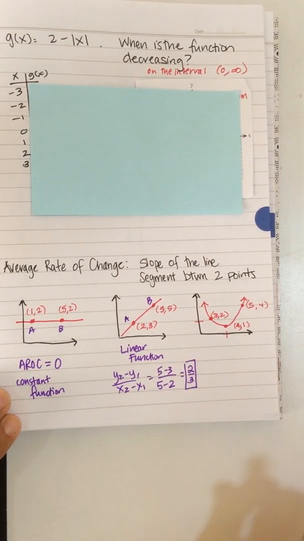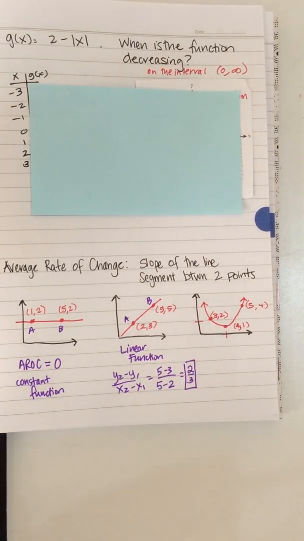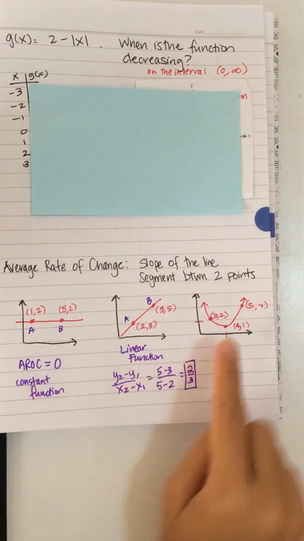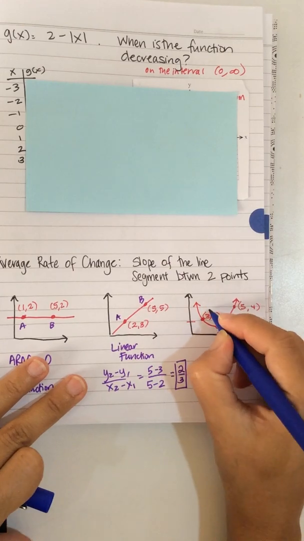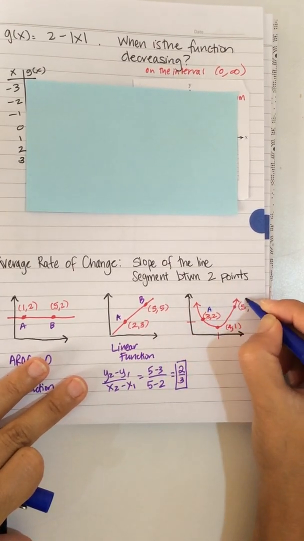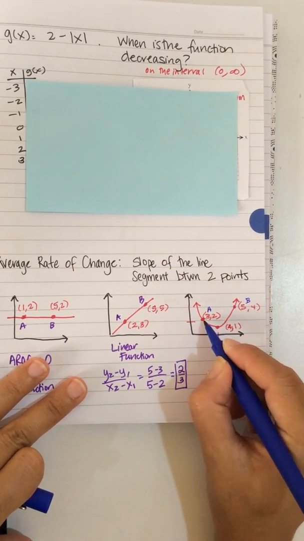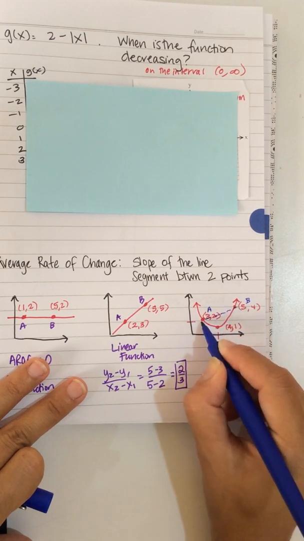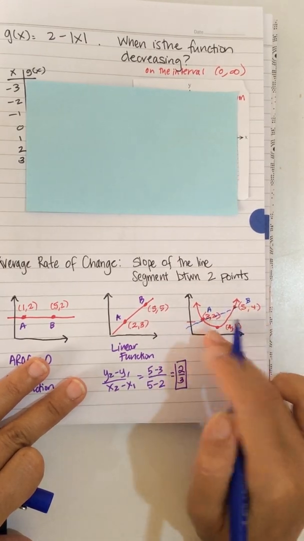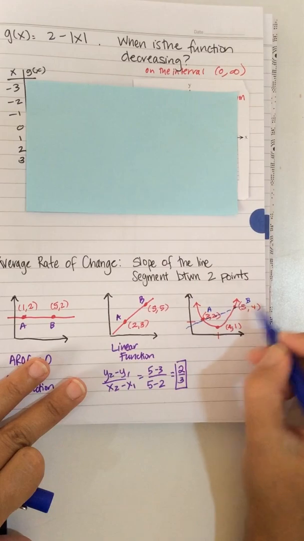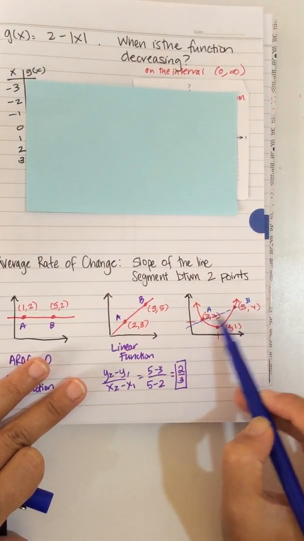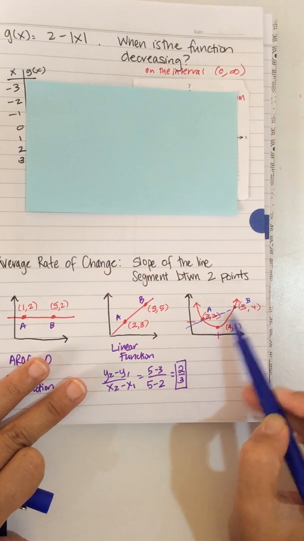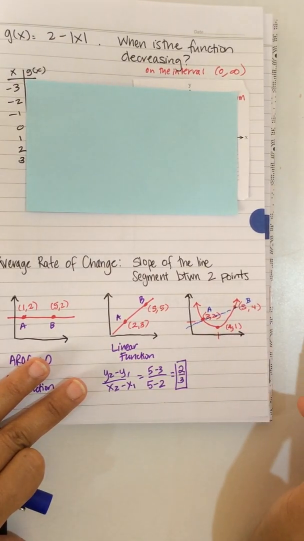It's just finding slope. Okay, and then I'm going to switch pen color so I don't get all squished in here. Sometimes you'll have a function that's not a line. But let's say we have to find the average rate of change between these 2 points A and B. We're just going to pretend that there is a line going through those 2 points. So this blue line I've done here. To find the average rate of change between A and B, we have to find the slope of this line connecting these 2 points.